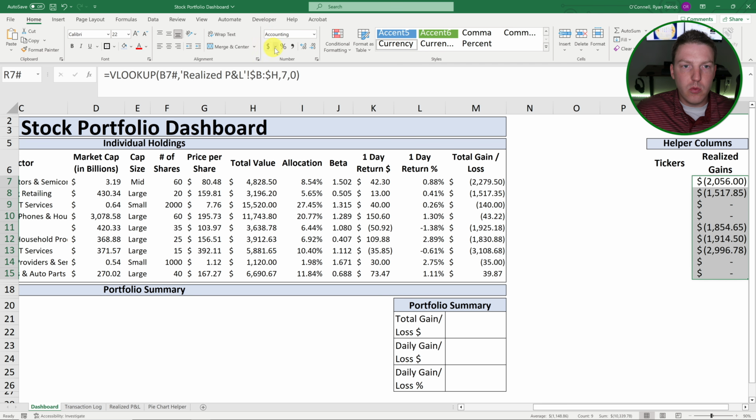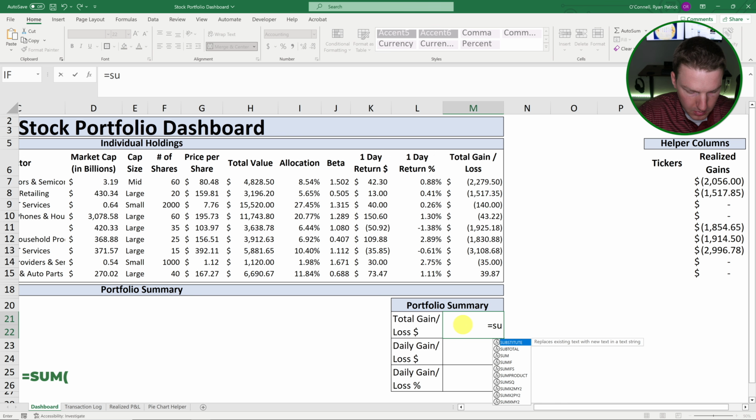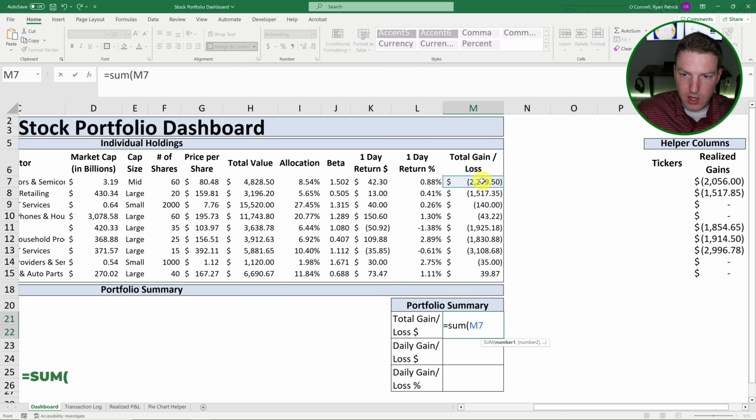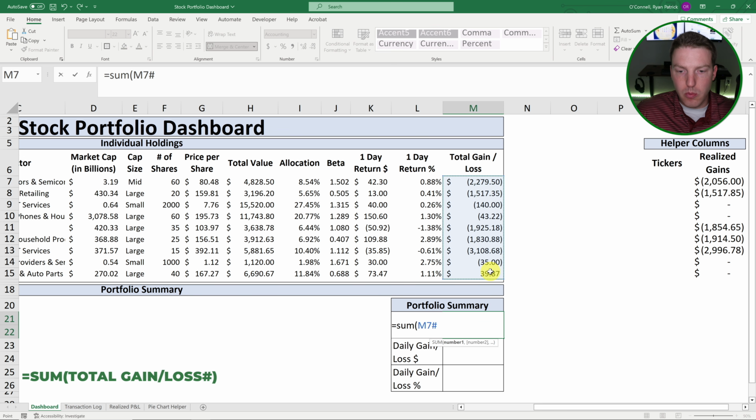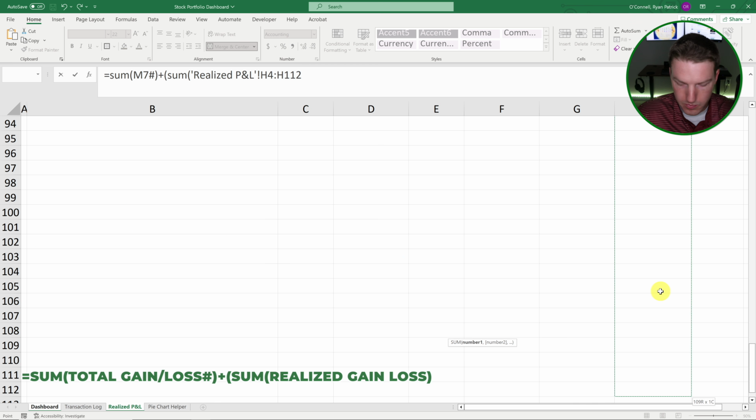And then the way that we're going to come up with these total gains on the portfolio is we can just sum all of the gains on the currently existing positions in our portfolio. And then we also need to add the sum of all of the realized gains or losses over here.